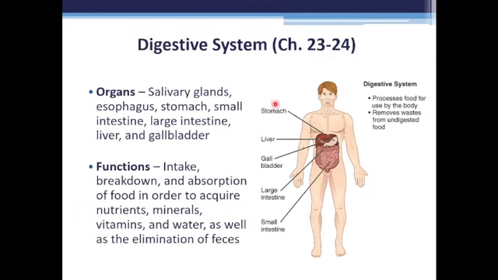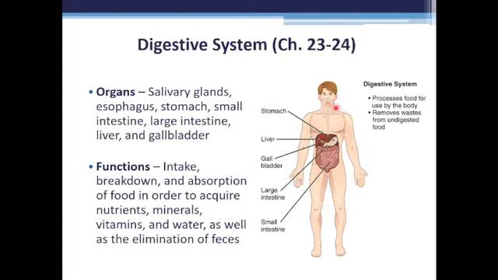Okay, next is the digestive system, chapters 23 to 24. Of course, we need to eat, right? The basic organs: salivary glands help make your food a little bit smooth.